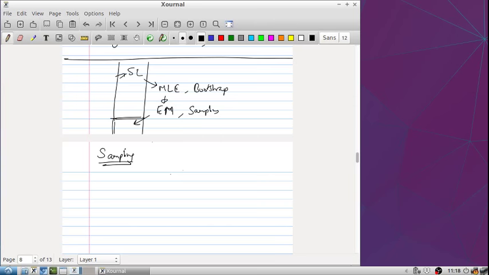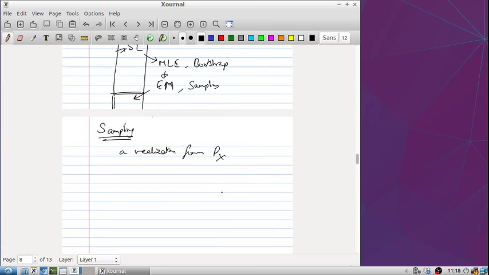But here, when I say sampling, I'm saying I want to get a realization from P of X. I change the random variable. I want to get a realization from a distribution. That's all I want.